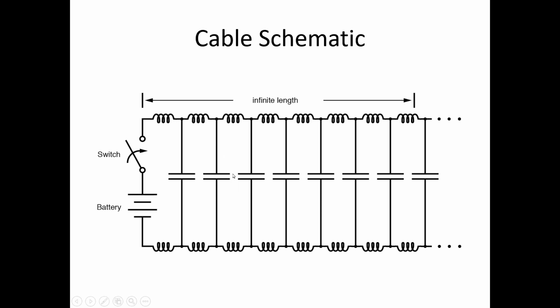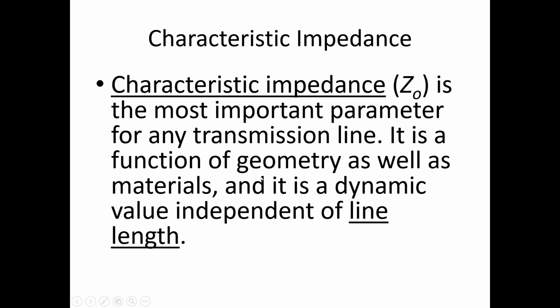Air is a dielectric. You don't have electricity passing through air. Other materials are dielectric, as we'll see, but by definition, two wires separated by a dielectric is called a capacitor. So you have through the whole length of a cable a capacitor.